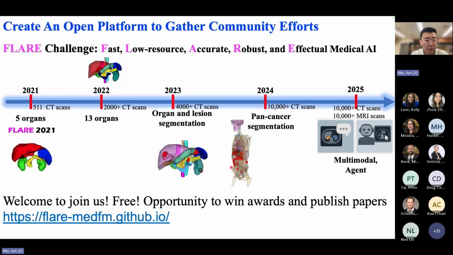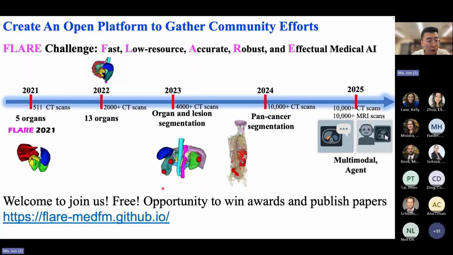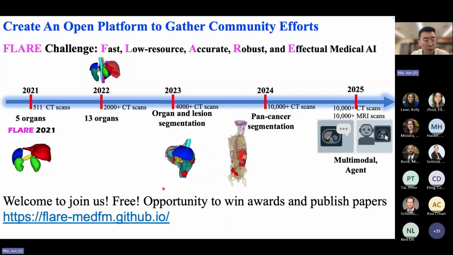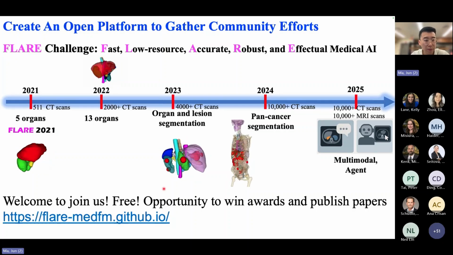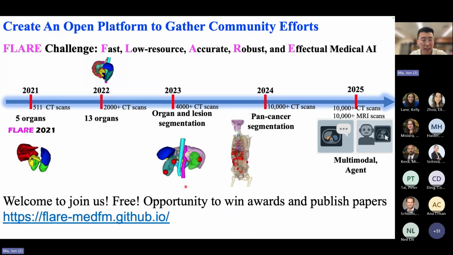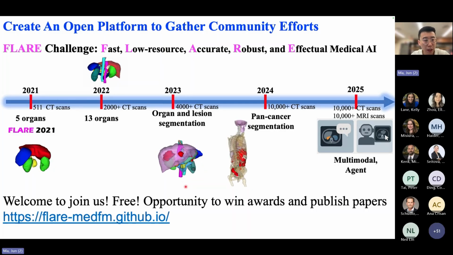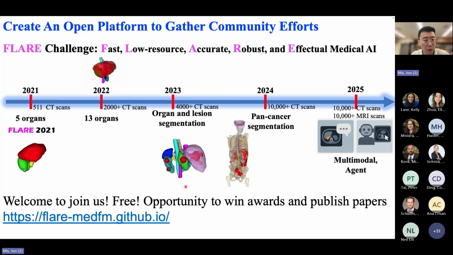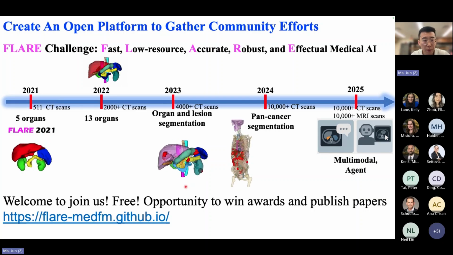In 2021, we provided 511 CT scans and focused on 5-organ segmentation. And then we gradually expanded the dataset to 2,000 cases in 2022, and we also increased the segmentation targets to 13 common abdominal organs.